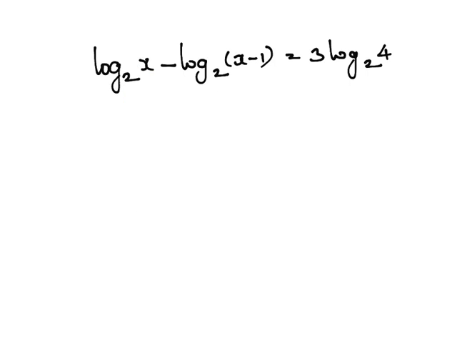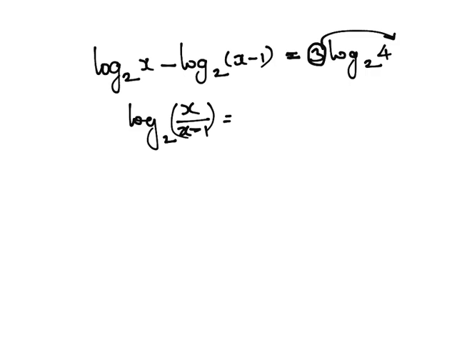Okay, this is the next problem. Let us solve this. In the left hand side you have two terms, log x to the base 2 minus log x minus 1 to the base 2, and the right hand side you have one term which is actually a constant. So in the left hand side I can use the quotient rule straight away. So I can write it as log x over x minus 1 to the base 2 equal to, in the right hand side I can take this 3 to the power of 4 using the power rule.